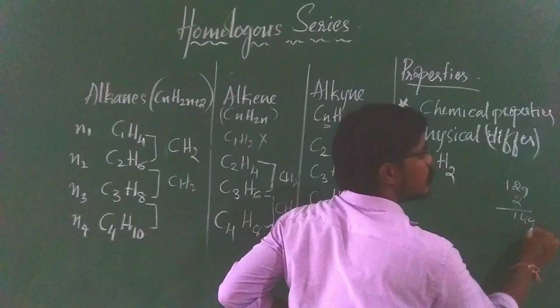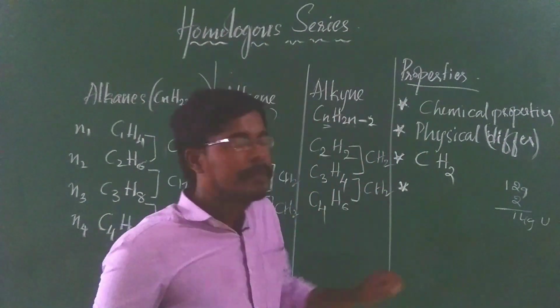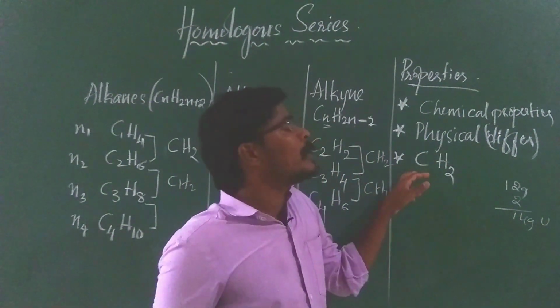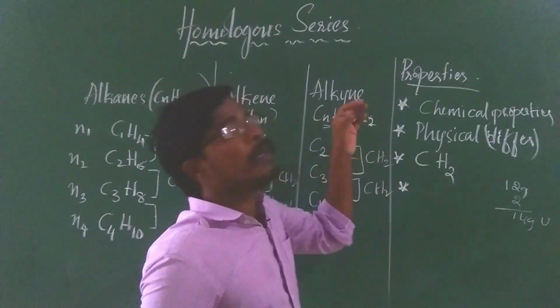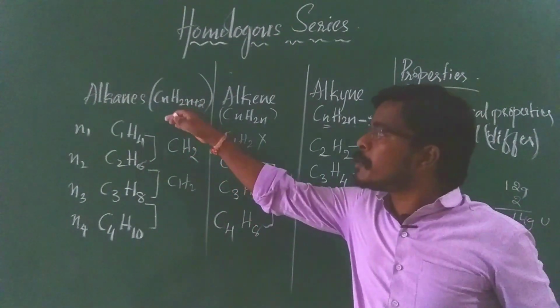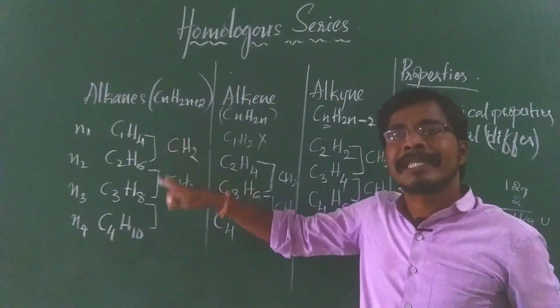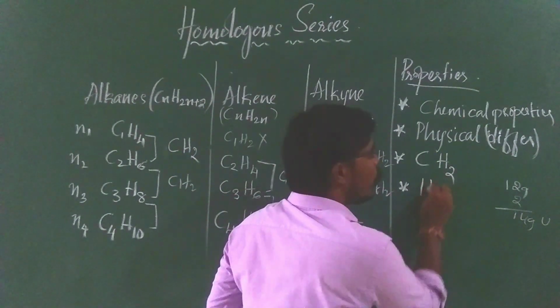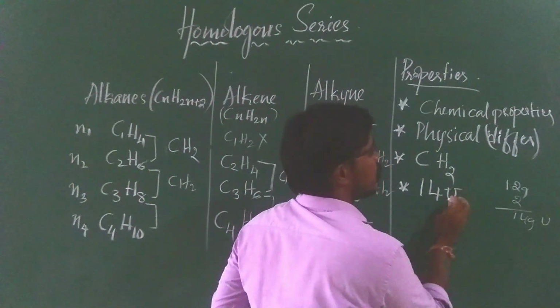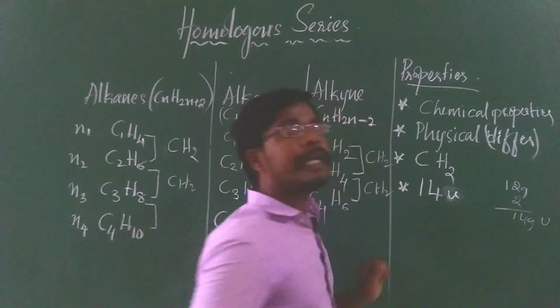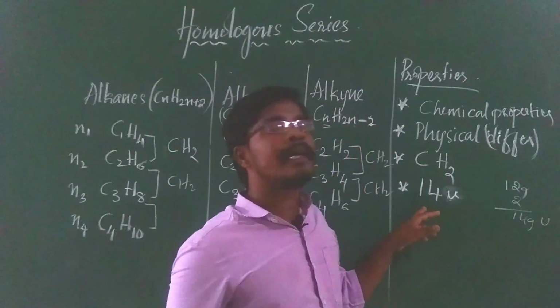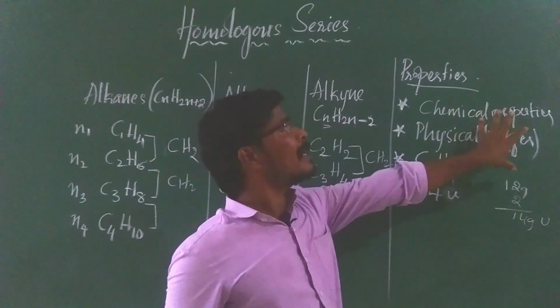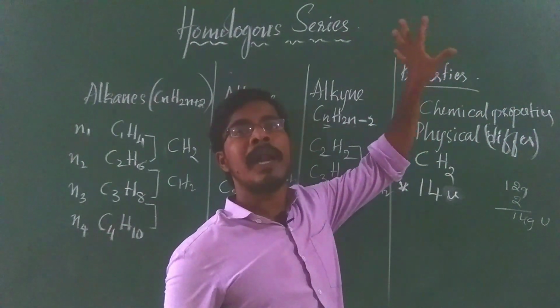Total 14 grams or 14 unified mass, atomic mass I am saying. So the difference in the atomic mass from the first member to the second member, then to the succeeding member, will be about 14 unified mass. You can take it as u, 14 unified mass. This is another property. So these are the properties of homologous series.